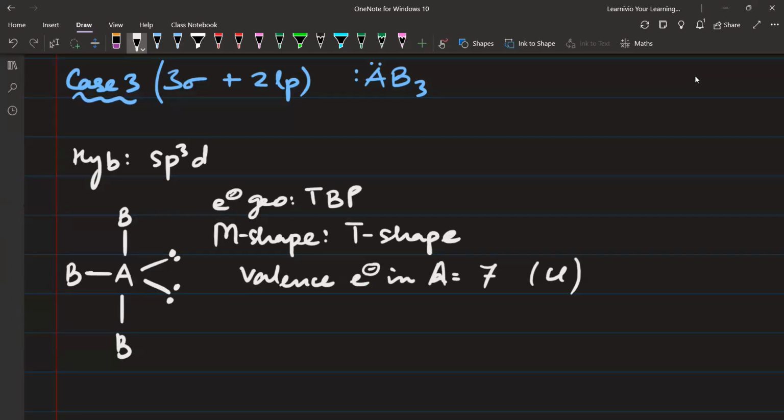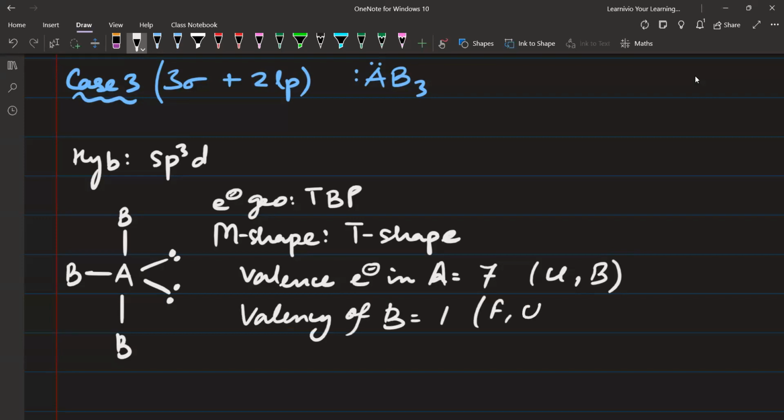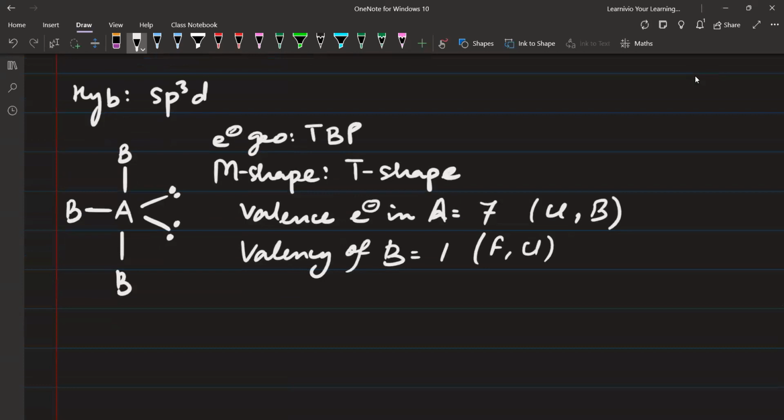I mean, chlorine does not make it because chlorine is very small and it cannot hold 3 elements like that. And the valency of B is equal to 1. So we get fluorine as the surrounding atoms also. One of the compounds that we can make in this case is ClF3.